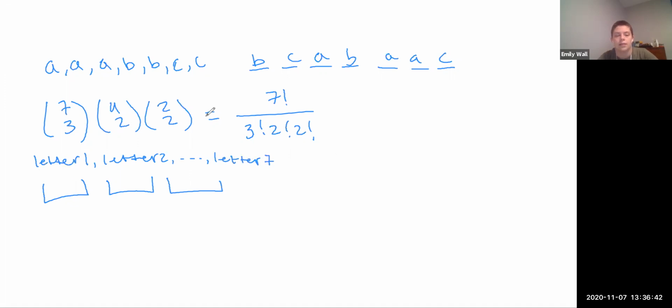This spot is for letter 1, this spot letter 2, all the way to letter 7. And then the letters get put in boxes called A, B, and C. We can tell them apart between the boxes, but we can't actually tell them apart within the boxes. This is the same kind of thinking where we can't tell chocolate donuts apart from other chocolate donuts, but we can tell chocolate from strawberry donuts.